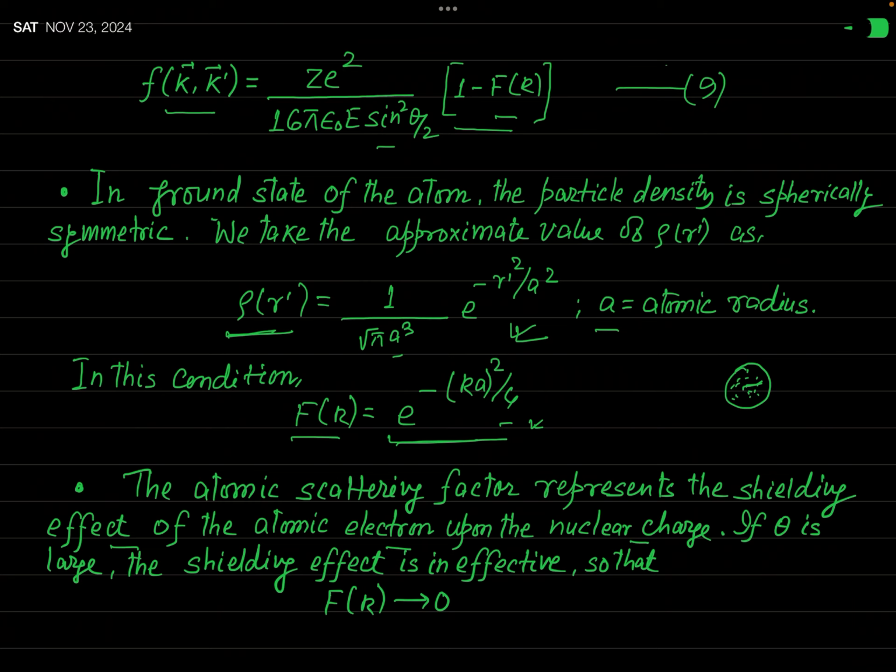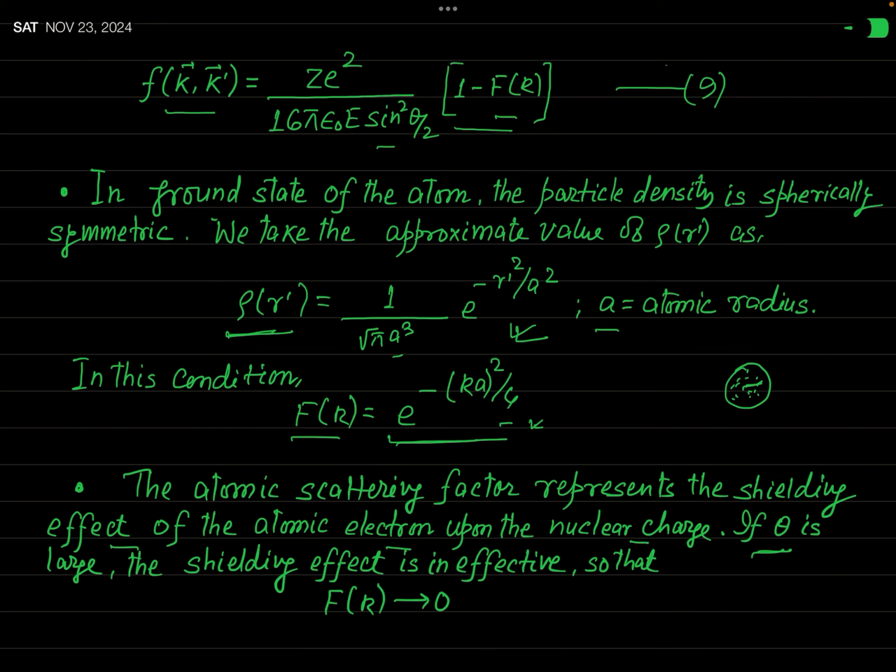So it is called the shielding effect. Now if the scattering angle theta is large, it means the shielding effect is negligible. A larger value of the scattering angle represents the ineffectiveness of the shielding effect.